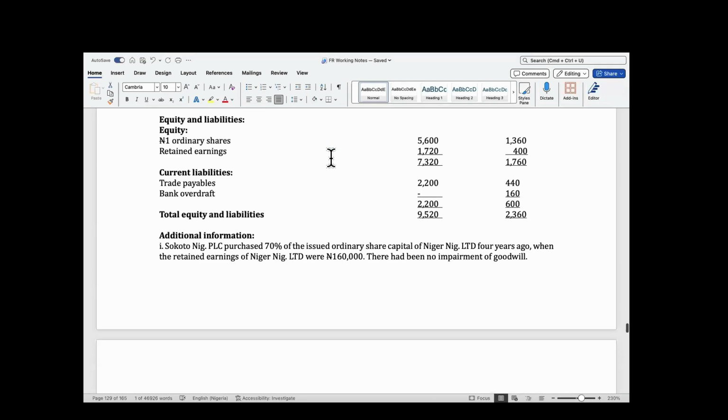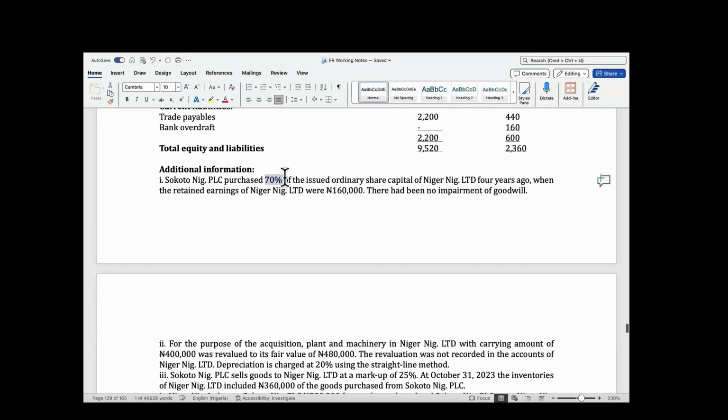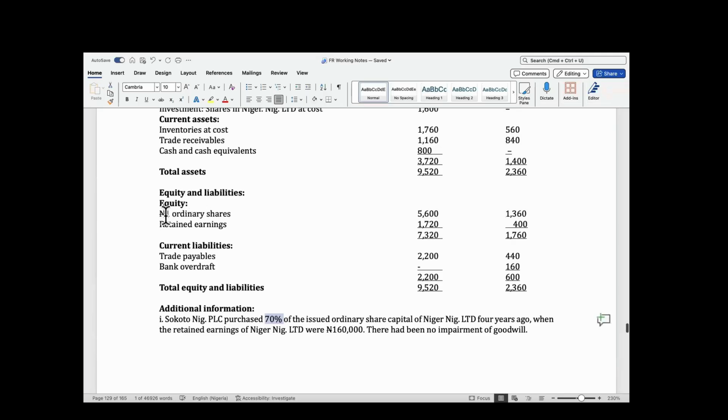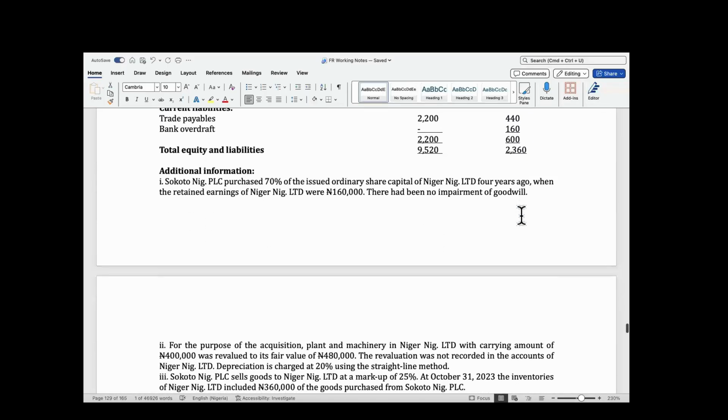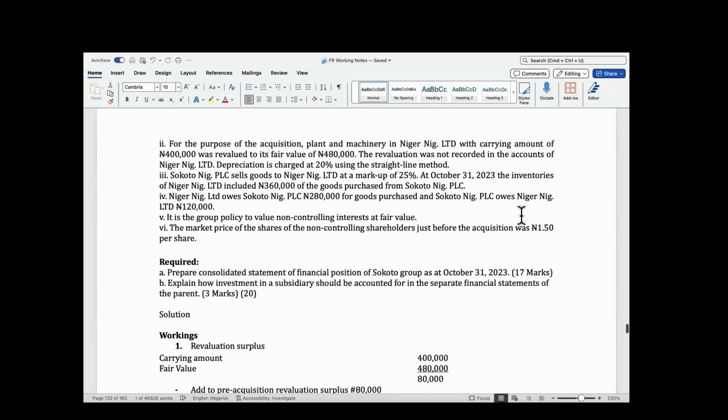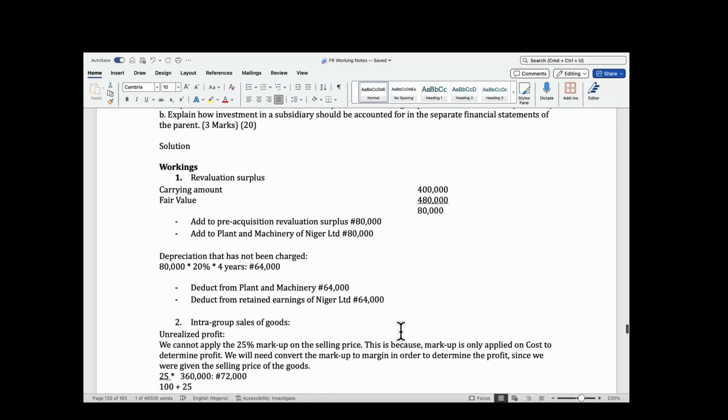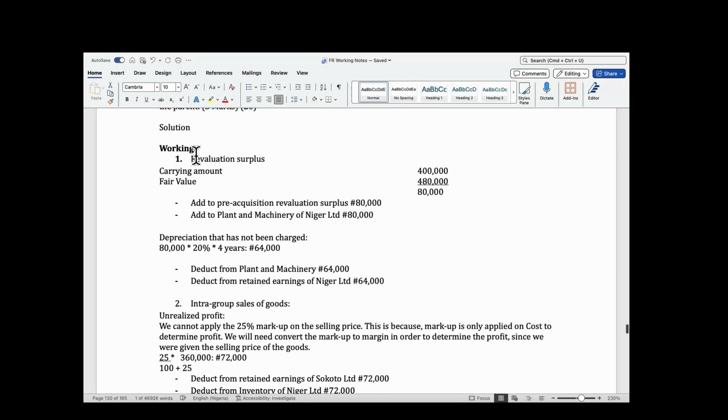He has 30% holding. So since the nominal value is €1, you do 30% of this amount, that gives us the number of shares. Then you multiply that by the market price.